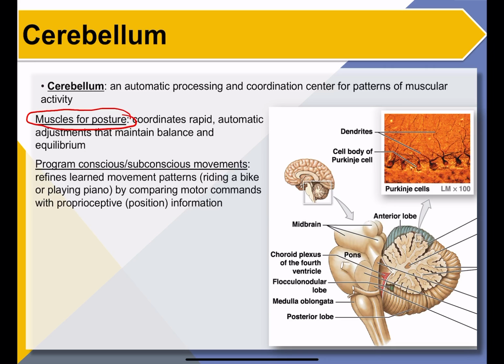Or the first time you're on the piano, you have to press the keys one at a time, getting your fingers accustomed to the positions of the keys. But eventually, with practice, our cerebellum can compare what we want to do with our muscles with other proprioceptive or positioning information.